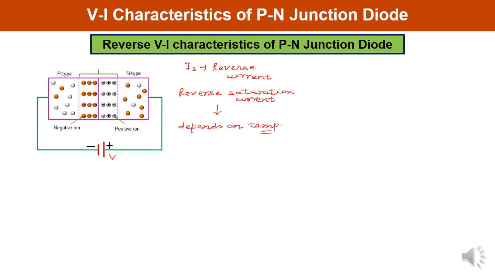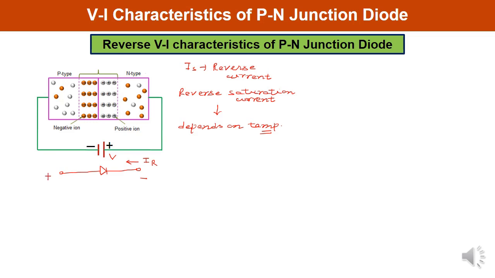You must note down all of these points. In this case, what is the direction of conventional flow of current? Here the direction of conventional flow of current will be from cathode to anode, and the reverse current is denoted by IR. This is the cathode terminal and this is the anode terminal.